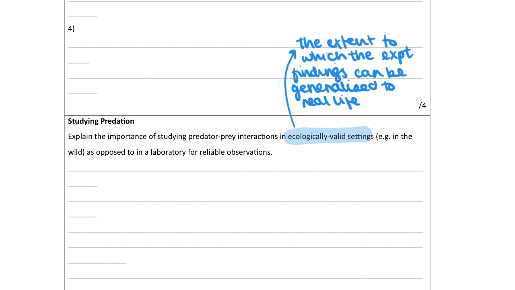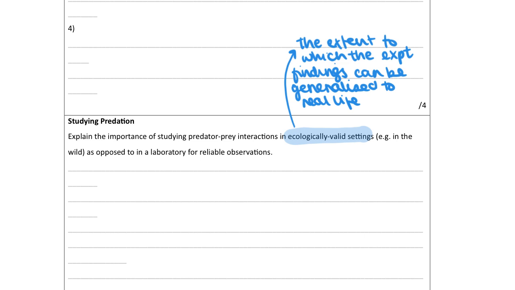And this is a bit like making sure that your sample is representative and stuff like that, but this is more for looking at the way that organisms interact with each other. So it's related to the realism or the immersive nature of the experimental settings.